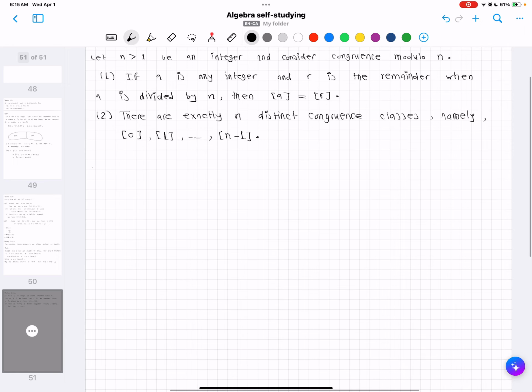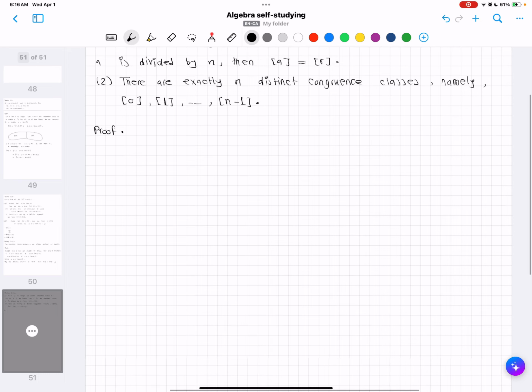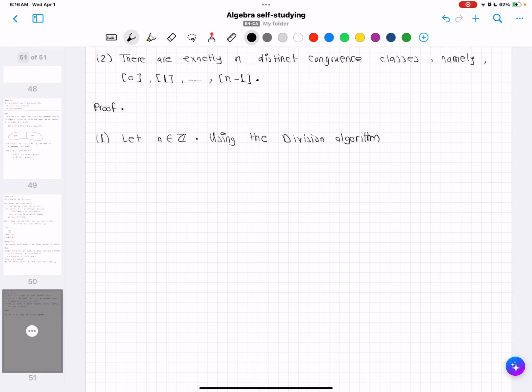All right, so proof. So first one, let a belong to Z. Then by invoking the division algorithm, we get a is equal to n times q plus r, where r is less than n.